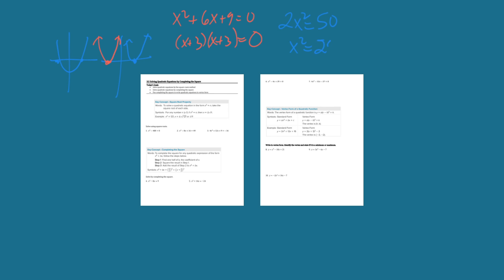You always have to put plus or minus on your answer because both of those will make it true. So x equals plus or minus 5. And even with imaginary numbers, if you had x squared is equal to -25, you're going to get plus or minus 5i. So always, always, always when you do the square root property, you put plus or minus on your answer.